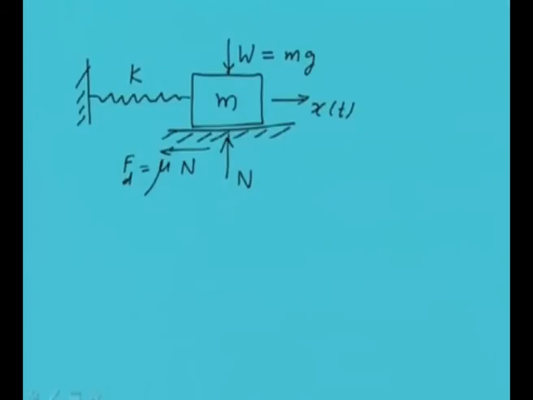and the magnitude of this will be the friction coefficient times the normal force. When the object is not moving, just at the same position, we have the coefficient mu s, which we call the static friction coefficient.